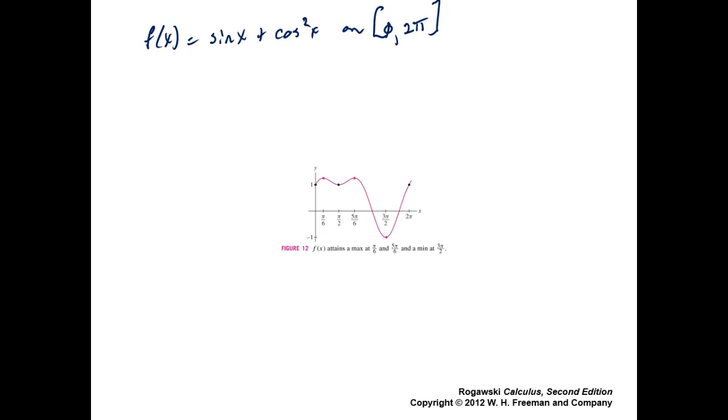So how do you proceed? What do you do? Take the derivative. Okay? So f prime of x is equal to cosine x. And then negative sine x squared. Not quite. You got to do your chain rule.